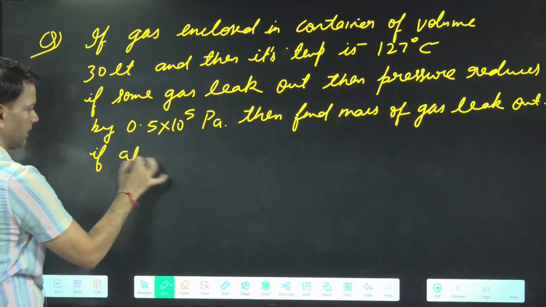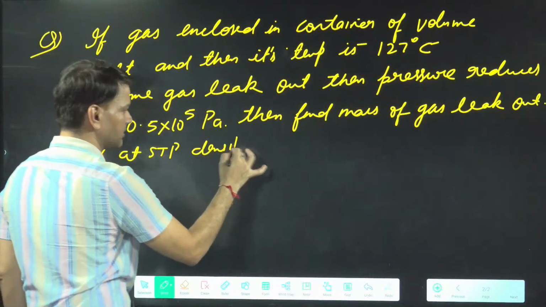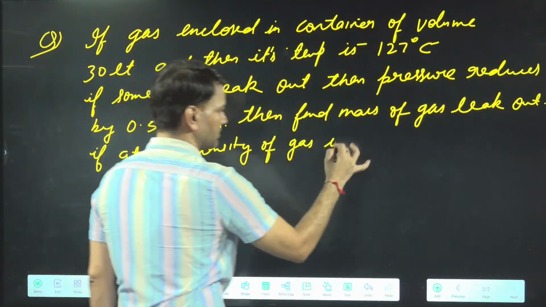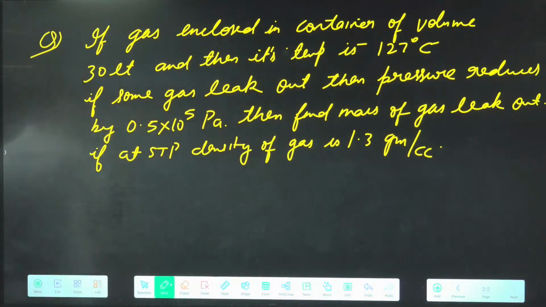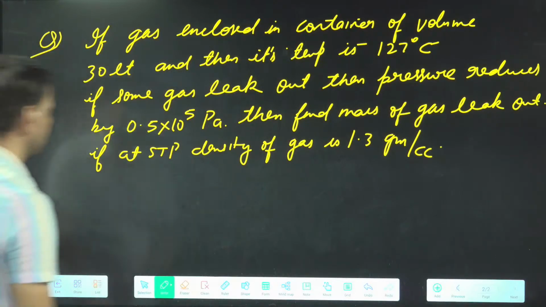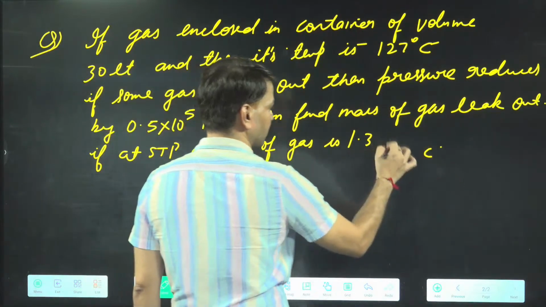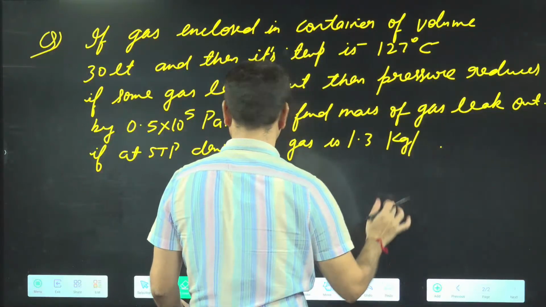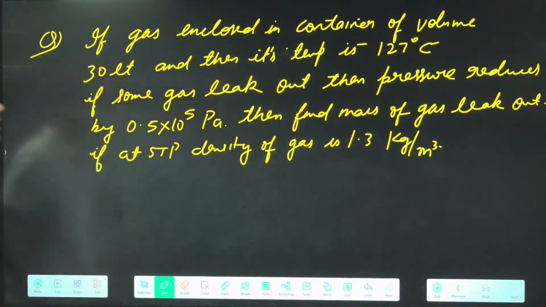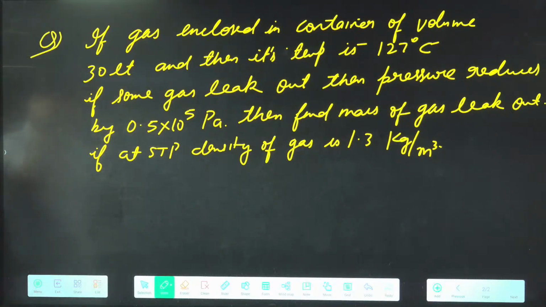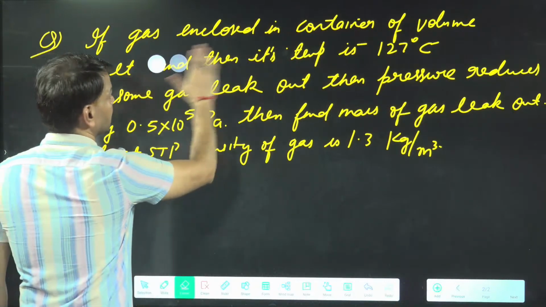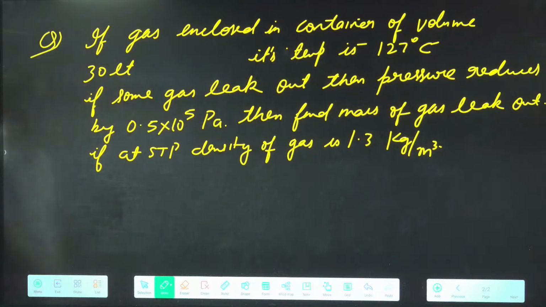If at STP the density of the gas is 1.3 kg per meter cube. So the gas is enclosed in a container of volume 30 liter and its temperature is 127 degrees C. If some gas leaks out, then pressure reduces by 0.5 into 10 to the power 5 Pascal.